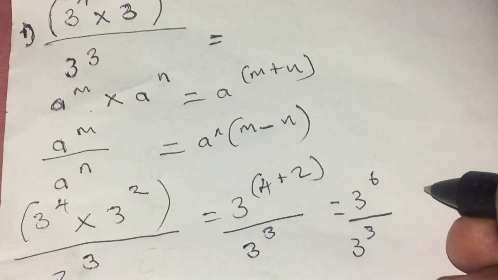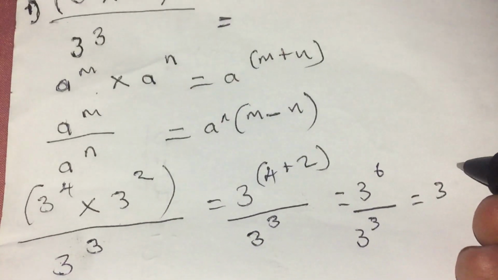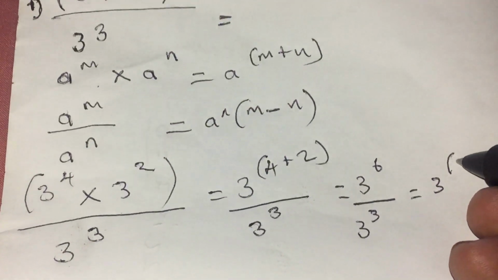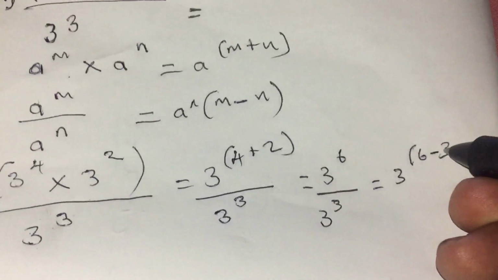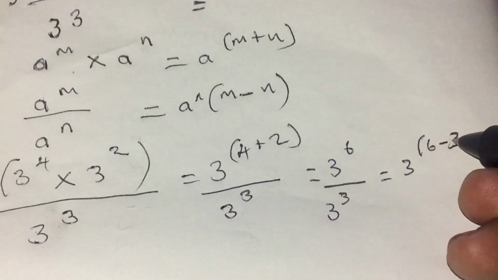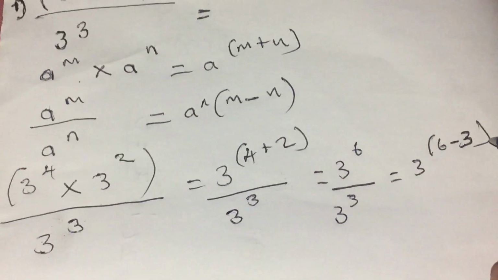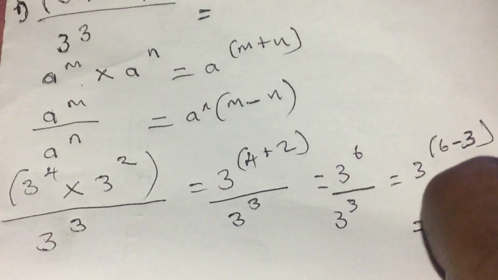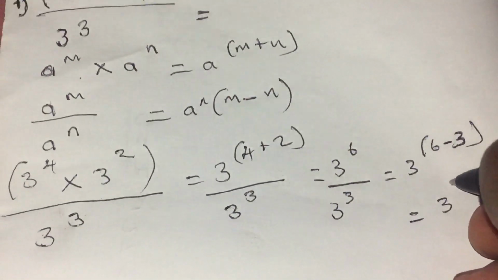okay, is equal to 3 power (6 minus 3), is equal to 3 power 3.